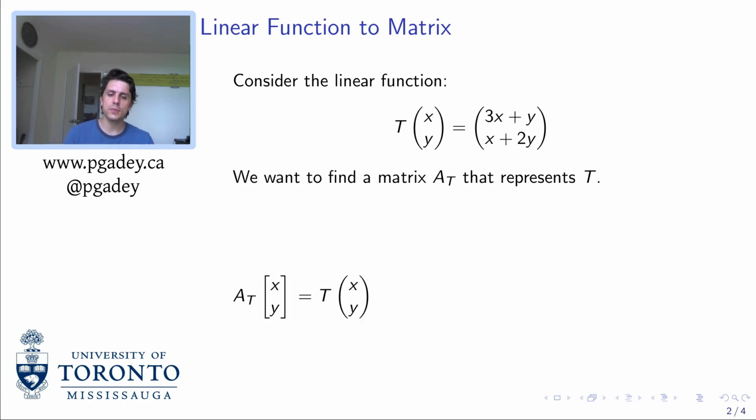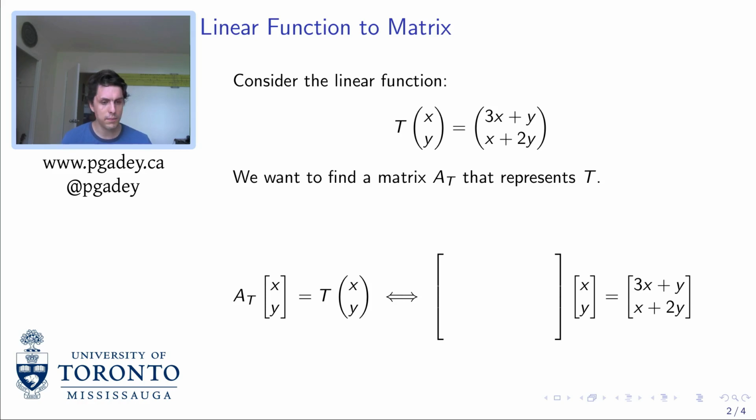We want this matrix to behave the same way as our linear function. So this puts some pretty severe restrictions on what our matrix can look like. We want to fill in the matrix here so that it behaves the same way as our linear function.